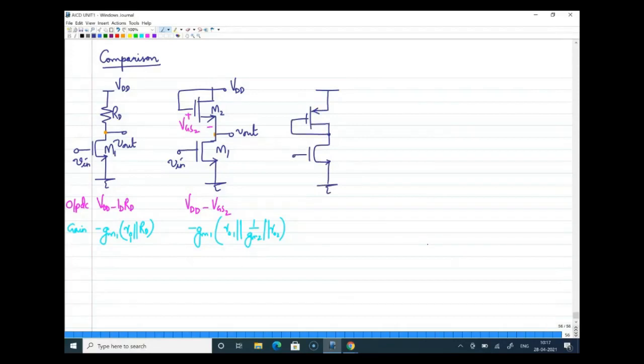So this is VDD, M2, M1, V in, V out. Now, if you look at the output DC level, this is VSG2. So I can write it as VDD minus VSG2. The difference is the second circuit was NMOS and now this is PMOS. That is why we write it as VGS2, and in this case it is VSG2.